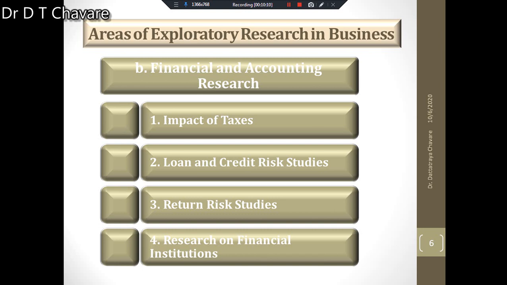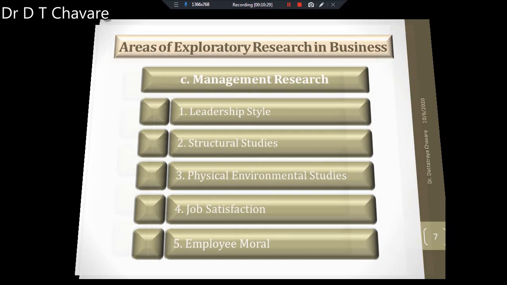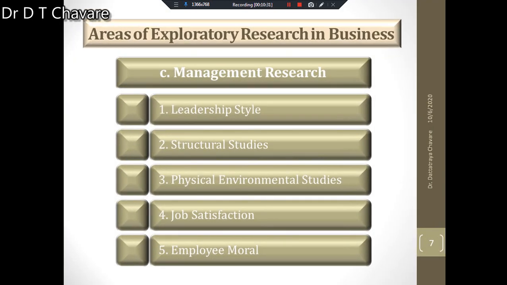In this way, there are four types of research under financial and accounting research. With the help of this research also you will get a clear-cut idea about the financial and accounting situation. Then the third classification in the area of exploratory research in business is management research.